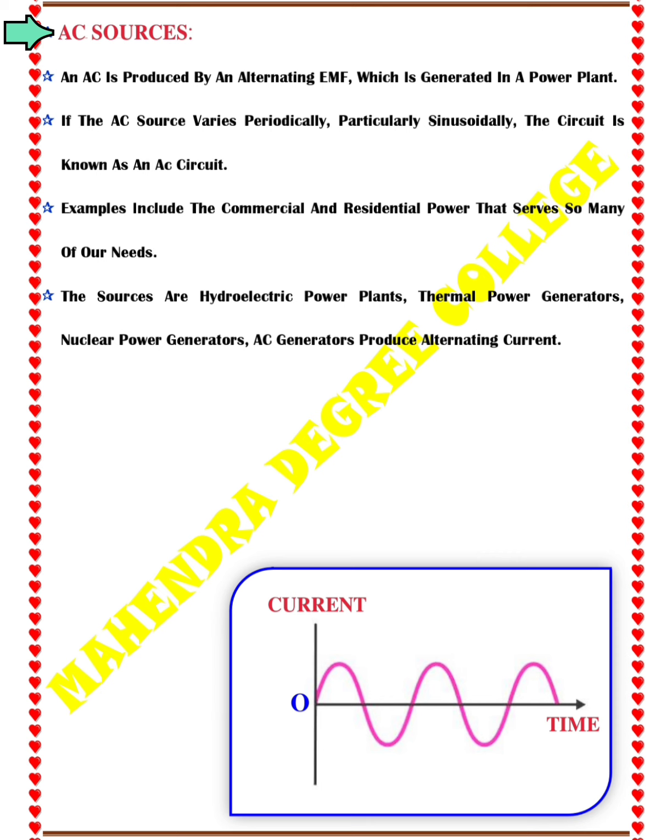The flow of electric charge reverses direction at regular intervals. The voltage also varies in a sinusoidal manner.